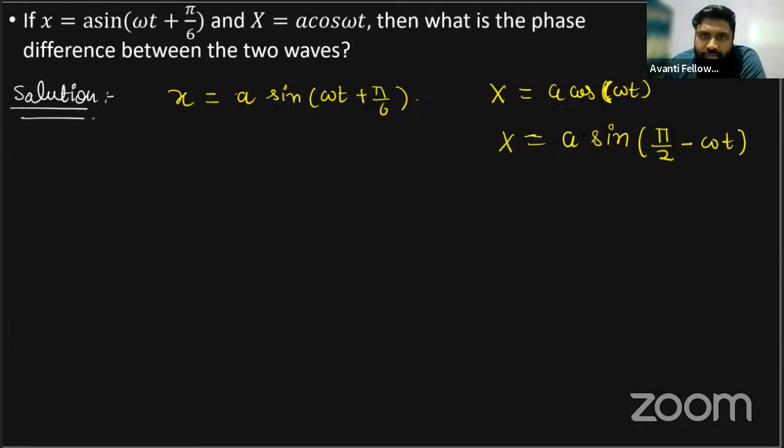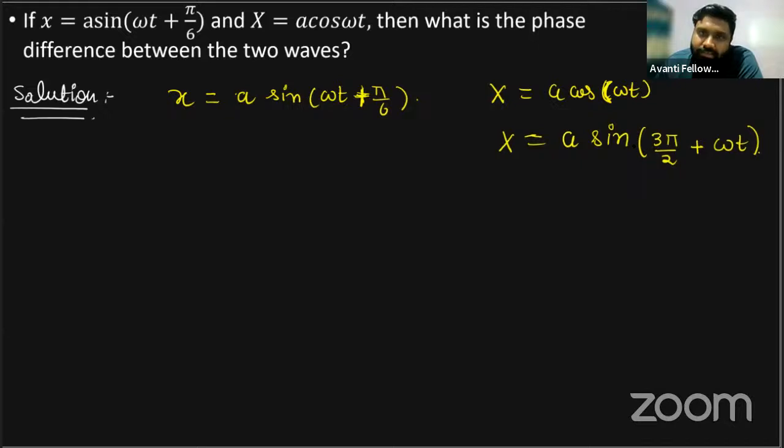You can also do the same thing here. It is written something like omega t plus pi by 6. So if you want to convert it into plus, what can you do? You can write it as 3 pi by 2 plus omega t. Why? Because sine of 3 pi by 2 plus theta becomes cos theta.